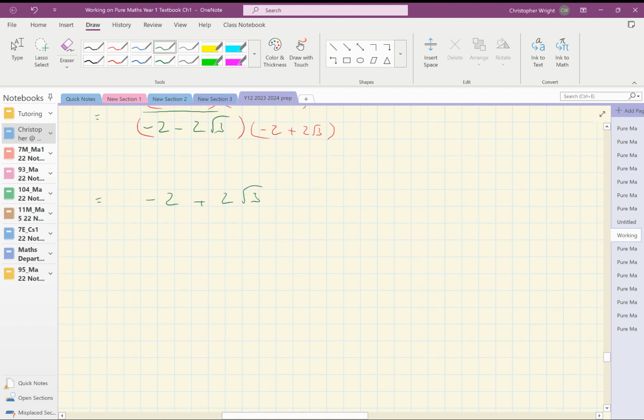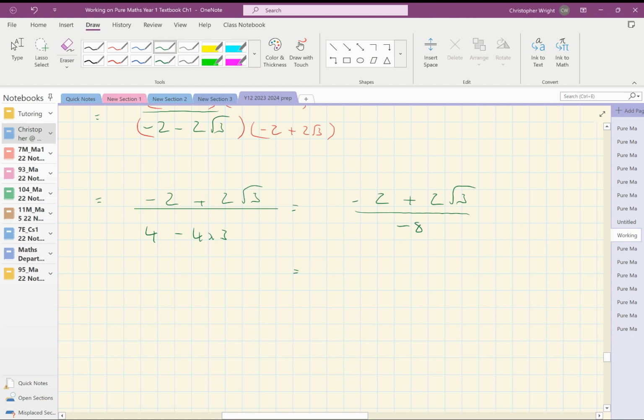And the denominator is going to be, well, the first term is going to give me minus 2 times minus 2 is 4. Okay, and from that, I'm going to have minus, because I've got a minus times a plus. Minus 2 times 2 is 4, times root 3 times root 3 is 3. So I've got minus 2 plus 2 root 3 on the top, and I've got minus 8 on the bottom.